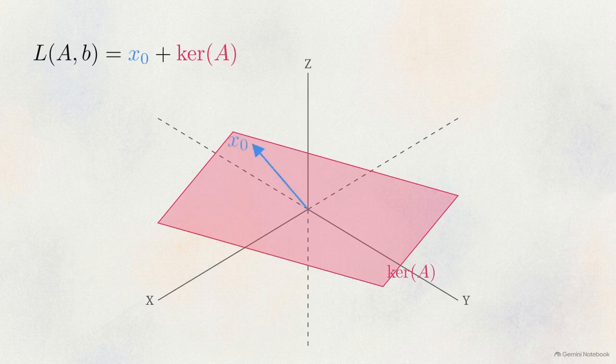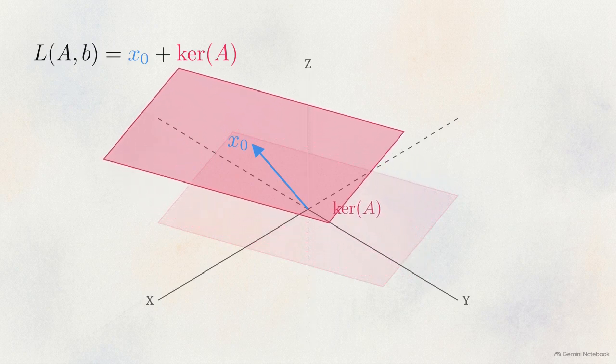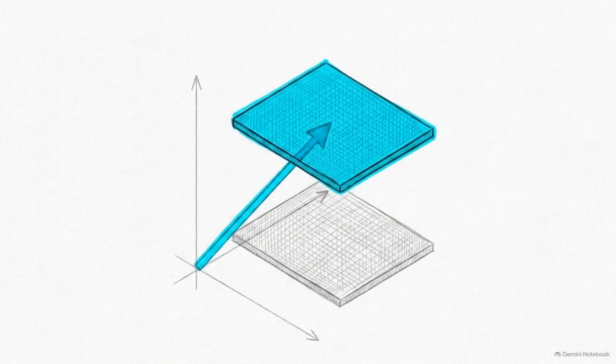We plot a specific solution vector, x0. We translate the entire kernel space along x0, shifting it to form a new affine subspace. The solution space to an inhomogeneous system is a precise affine replica of the kernel, shifted rigidly through space.